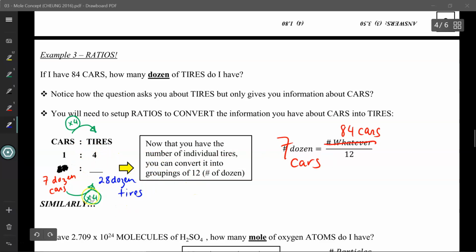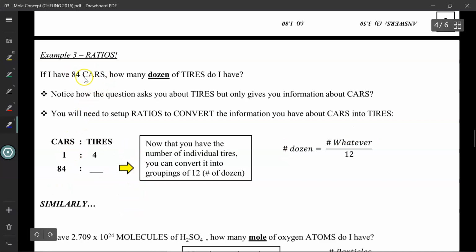I can get the same answer, 28 dozen tires, by going around the other way, placing the 84 cars into the ratio first. Again, I know there are 4 times as many tires as cars, so it's a 1:4 ratio. So if I have 84 cars, well, 4 times as many tires. 4 times 84, 336. I can then take this 336, divide it by 12, and I end up with 28 dozen.